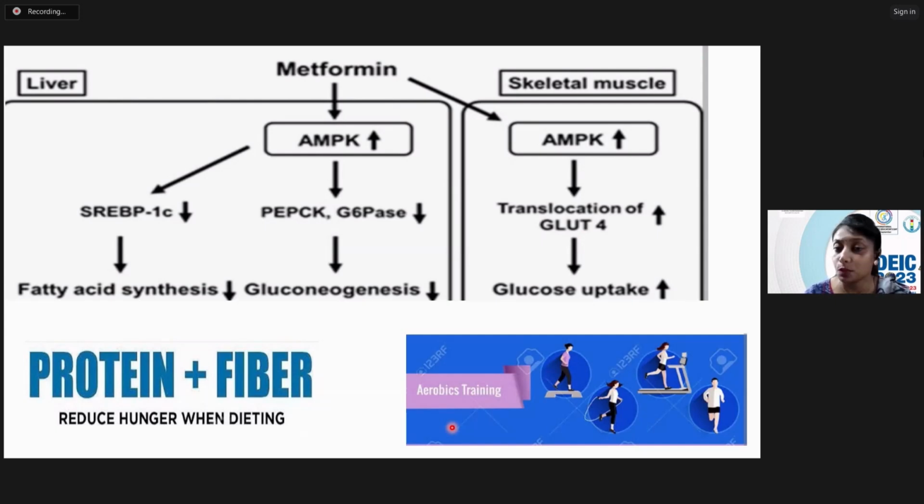There will be gene expressions which will trigger more GLUT formation on the cell surface. So naturally, the body will allocate and translocate more and more GLUT if we include aerobic and high intensity exercise in our regime. So that is how together the lifestyle and the diet can bring change.